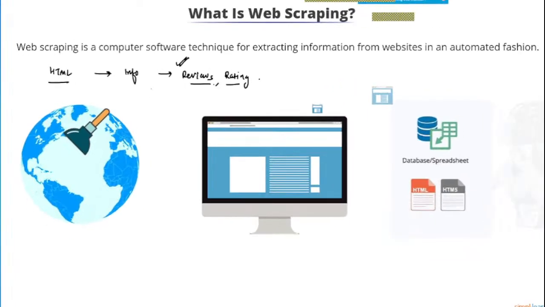So the HTML info is taken and it gives us the reviews, and it also gives us the ratings. This information is coming from the HTML, but how can we convert it into a simple data frame?